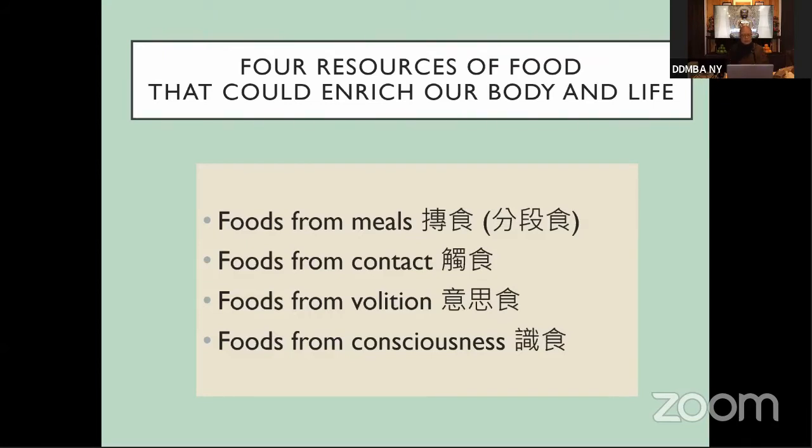That's called food from contact. The third one is food from volition. Now this is very interesting.